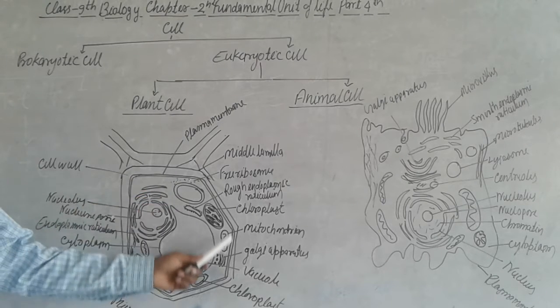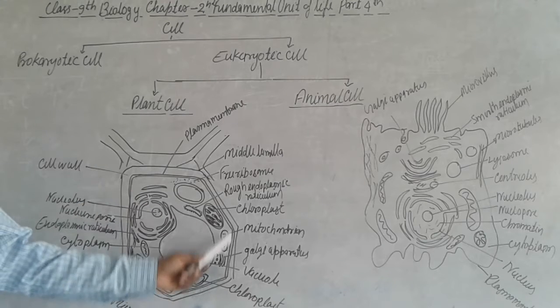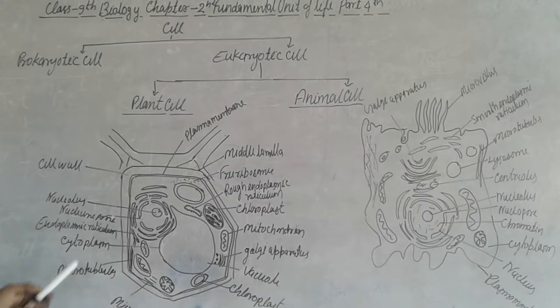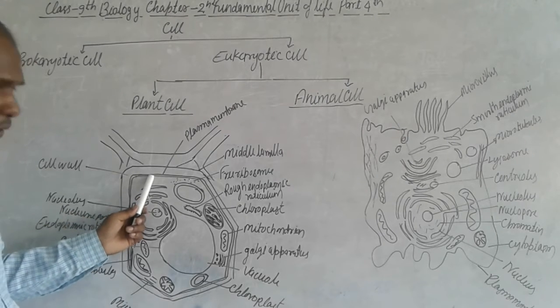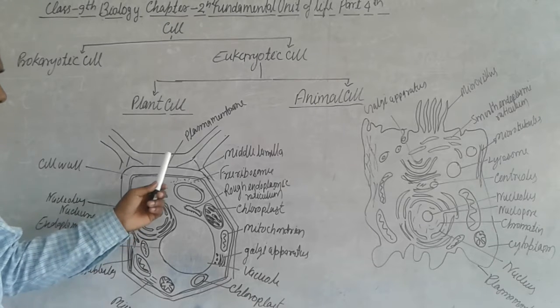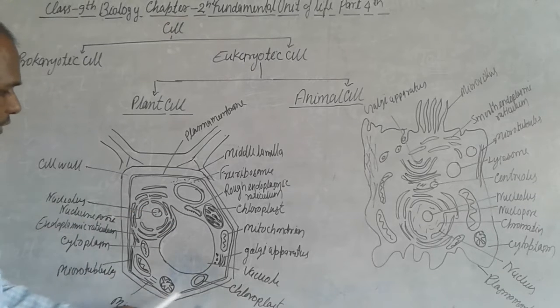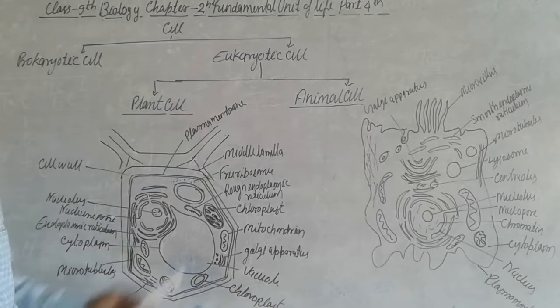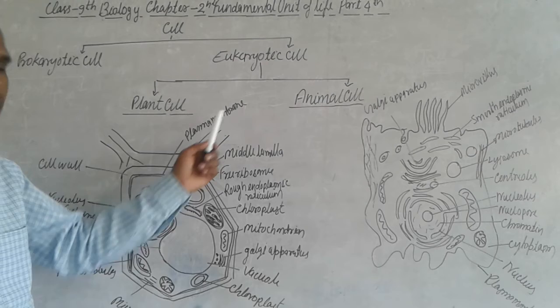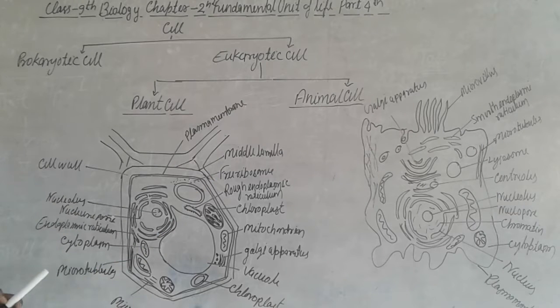The outer layer, which is made up of cellulose, is the cell wall, and below the cell wall there is a layer. This layer is the plasma membrane.